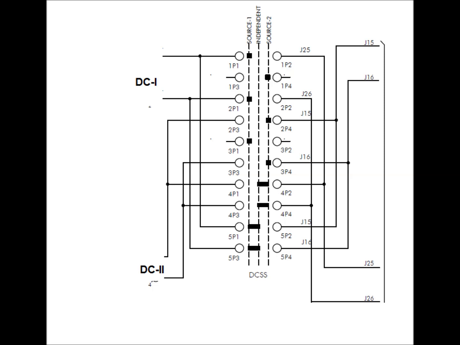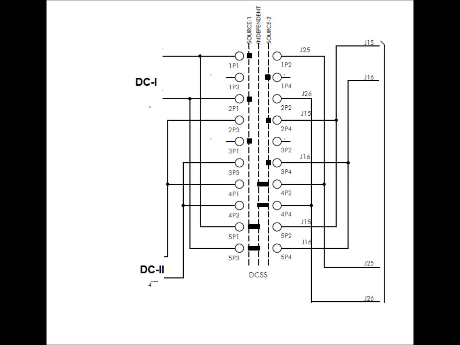Here is how the DC selection is taken, and there exist separate contacts for source 1: 1P1 and 1P2 are source 1 contacts, 2P1 and 2P2 are source 1 contacts, 2P3 and 2P4 are source 2 contacts, 3P1 and 3P2 are source 1 contacts, 3P3 and 3P4 are source 2 contacts, and 4P1 and 4P2 are the independent as well as source 2 contacts, and 4P3 and 4P4 are the independent as well as source 2 contacts. 5P1 and 5P2 are source 1 as well as independent contacts, and 5P3 and 5P4 are source 1 and independent contacts.